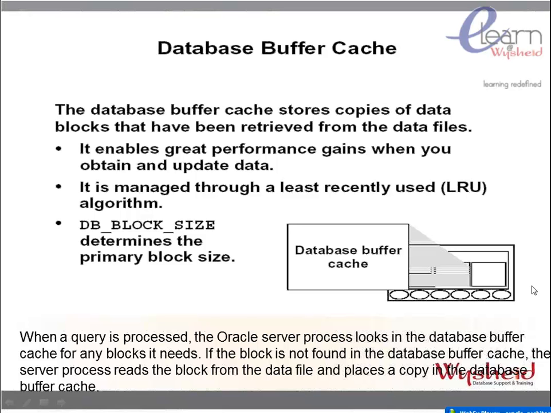From the data files, the data is retrieved back to the memory, and this is the place where the blocks come in. Here you also have an LRU, a least recently used algorithm, so all the least recently used buffers will be aged out.